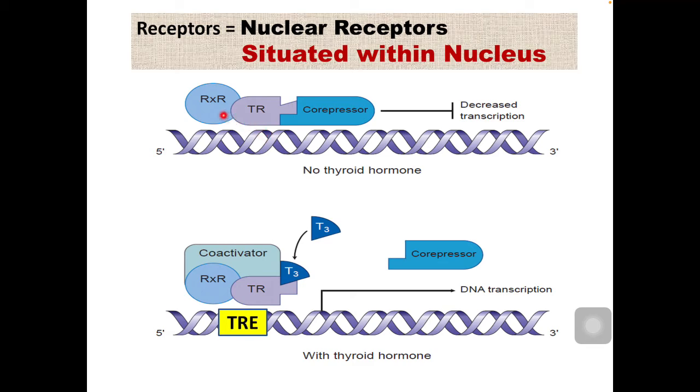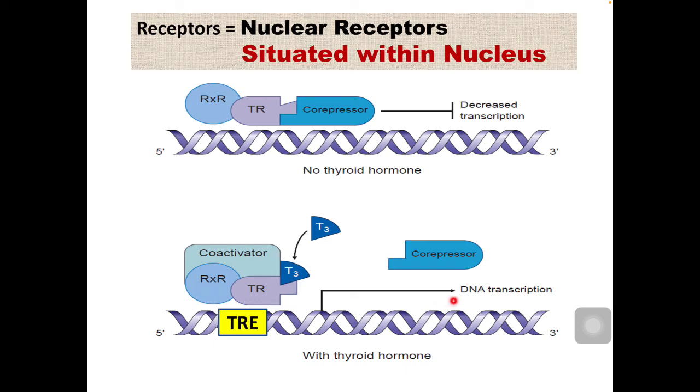Okay, in the unbound state, when hormone is not present, it is bound by a co-repressor, which does not allow gene transcription to take place. Once T3 comes, it binds to the thyroid hormone receptor. The co-repressors are replaced by co-activators. It binds to the thyroid hormone response element on the gene, and its expression is increased.